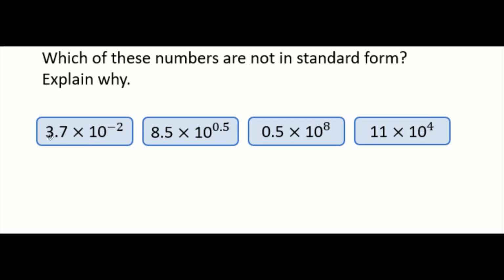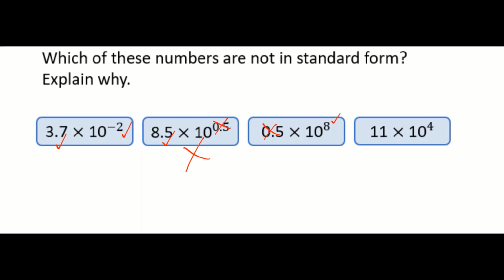Okay, let's have a look. This one, absolutely fine, because 3.7, that is a single digit point something, and we've got 10 to the power of -2, that's an integer, so that's fine. This one, the 8.5 is fine, but 10 to the power of 0.5, that's not an integer, so that one is not in standard form. This one, we've got 0 point something, that's not allowed.